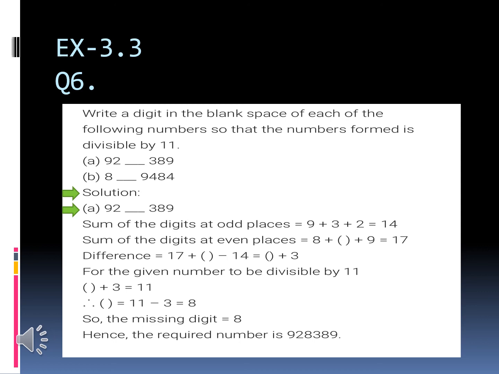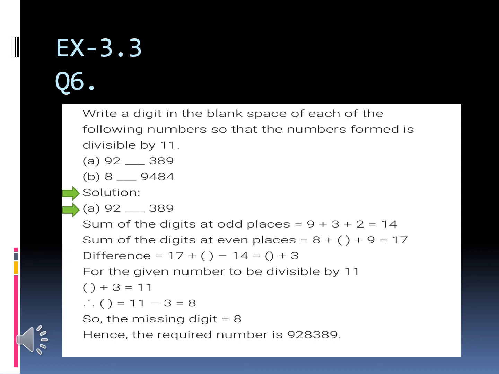So the even places means second place, fourth place and the sixth place. So the second place is 8, fourth place is blank and the sixth place is 9. So 8 plus dash plus 9. That is 8 plus 9 is equal to 17. Now we have 17 plus blank left here, right? The blank digit we don't have, so we have to consider it.